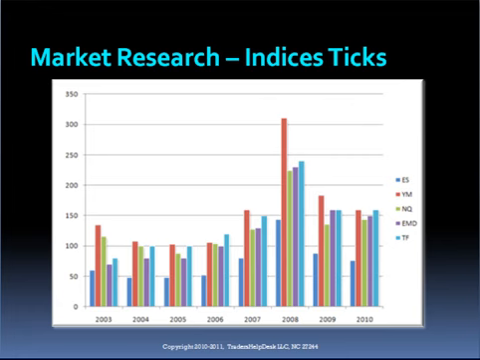Now that we have looked at volume, we also want to look at tick. In other words, how much movement does each market have? Now that's very, very important because we need to make sure that we can make profits. As you can see, the mini S&P 500, which had the highest volume, actually has the lowest movement.